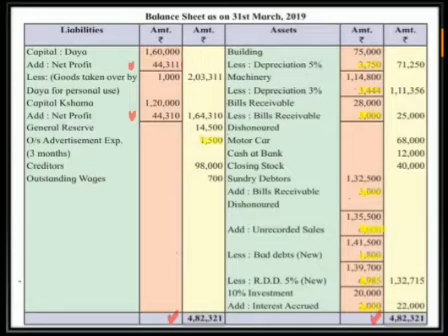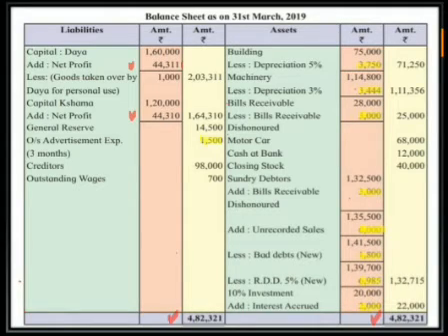down the current assets. As you already know, fixed assets, building less depreciation 5% we have deducted, machinery less depreciation 3% we have deducted, then the bills receivable less bills receivable dishonored, motor car, cash at bank, closing stock, then sundry debtors.